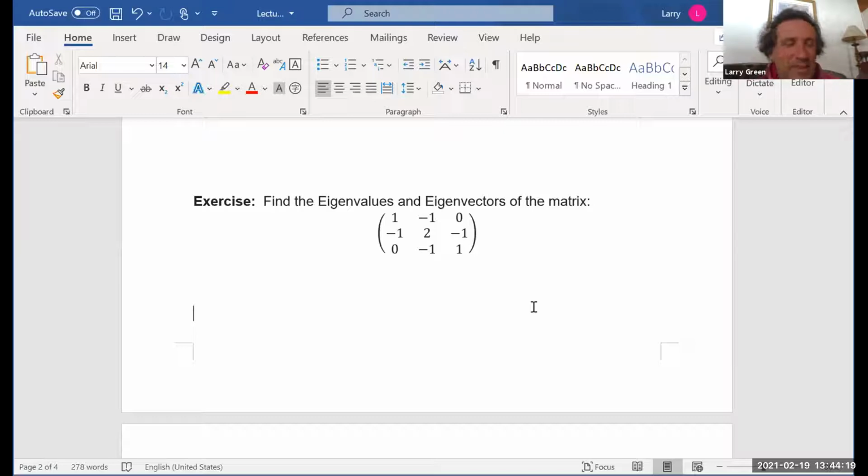I promise you the numbers are nice, which means you can hunt and peck once you get to the polynomial. So give it a shot. I'll give you a few minutes to find the eigenvalues. And if there's an eigenvalue with a multiplicity higher than 1, you can either write it twice or state its multiplicity.